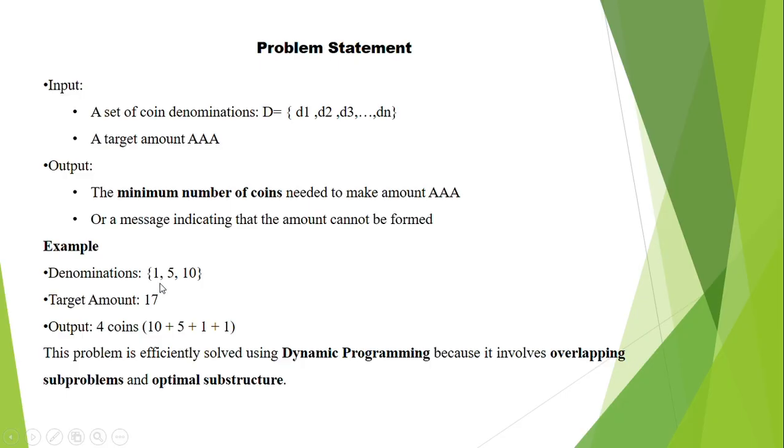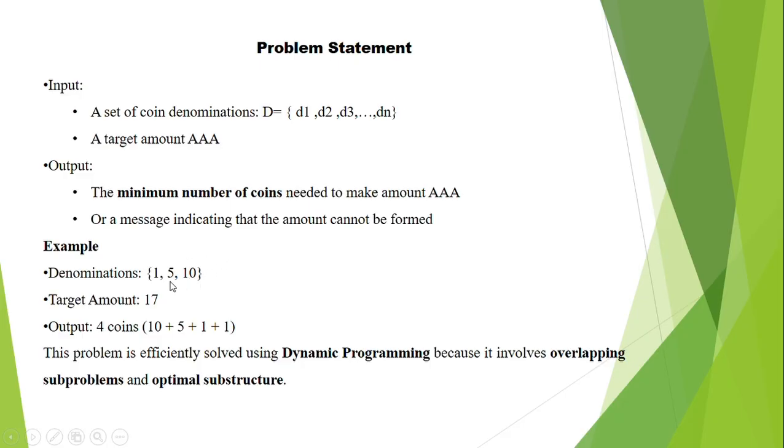But if we use 17 times 1, it will cost more, it will use more storage and cause more use of resources. But our target is to minimize the use of our resources, so we have to use the minimum number of coins to achieve our target amount.